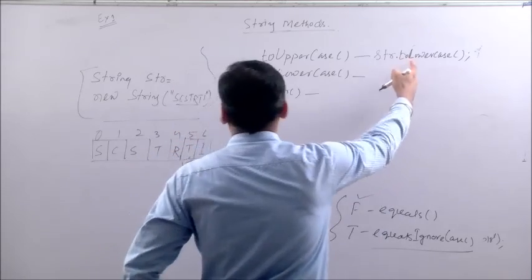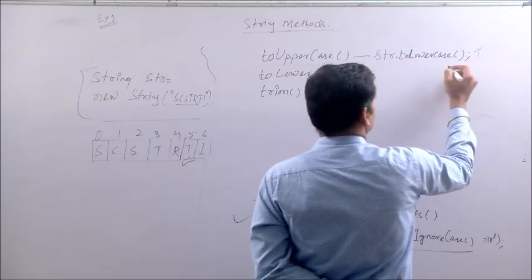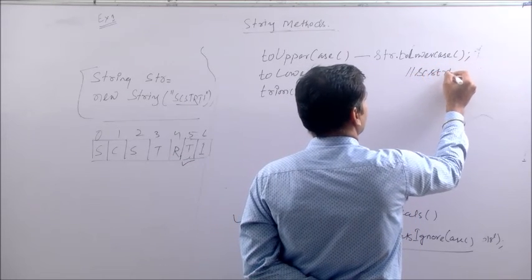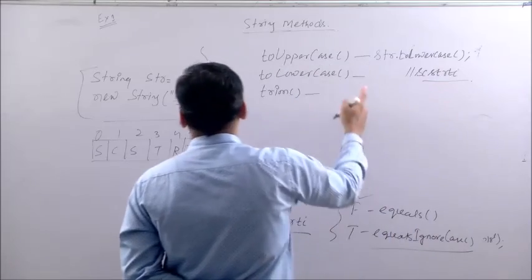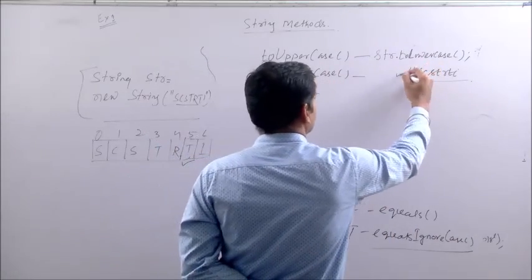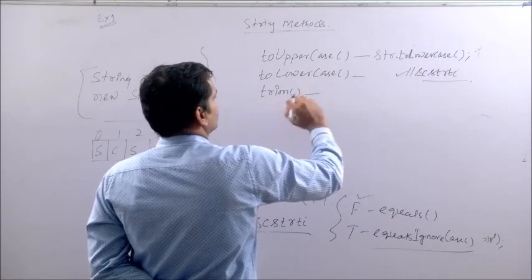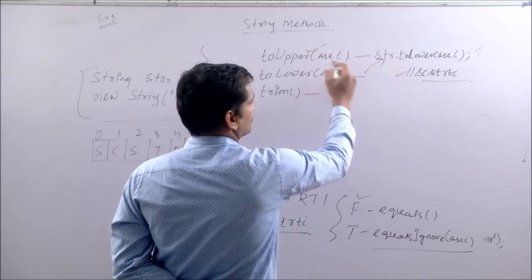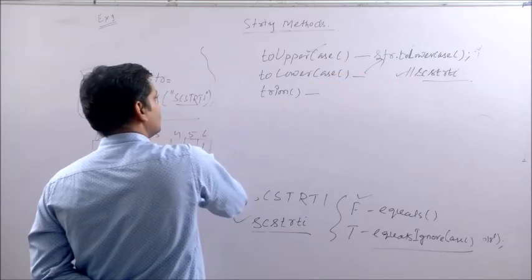Then what is it going to return for this string? It is going to return scstrti. It converts each of the characters to its lowercase. Similarly, if I use toUpperCase, it is going to convert all the characters to uppercase.